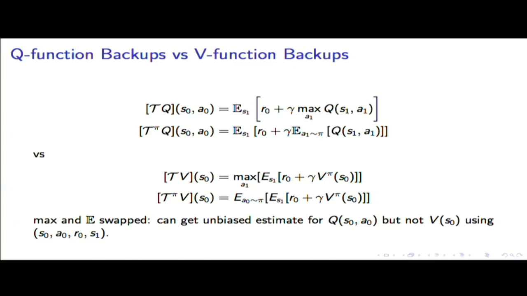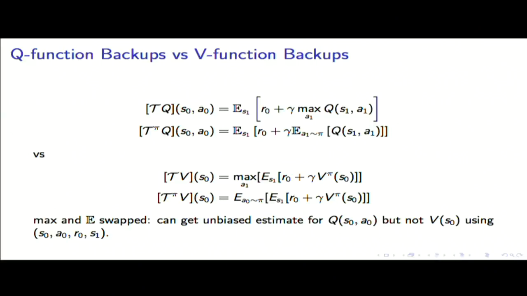With the Q function backup, we have the expectation over states on the outside, and we have the expectation or the max over actions on the inside. Whereas for the value functions, it's the other way around. We have the expectation or max over actions on the outside, and we have the state transition on the inside. And so that's the big difference between the two kinds of Bellman backups.